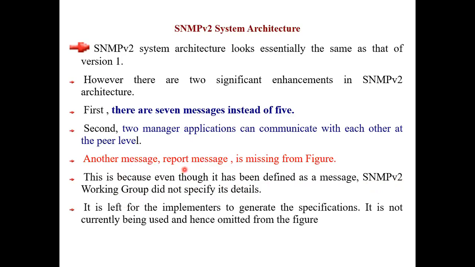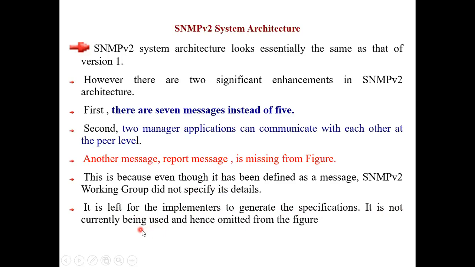It was there in OSI management. In SNMP version 1 maybe it was not there, but in version 2, when we thought of enhancement and extension, the version 2 working group also did not specify that message in detail. But actually that message should be there. So the provision given was that it was left for the implementers to generate the specification.